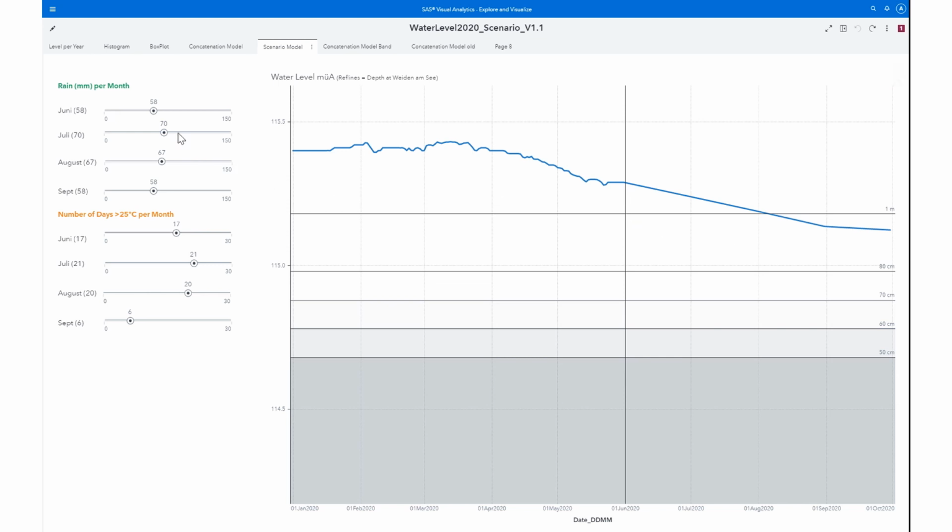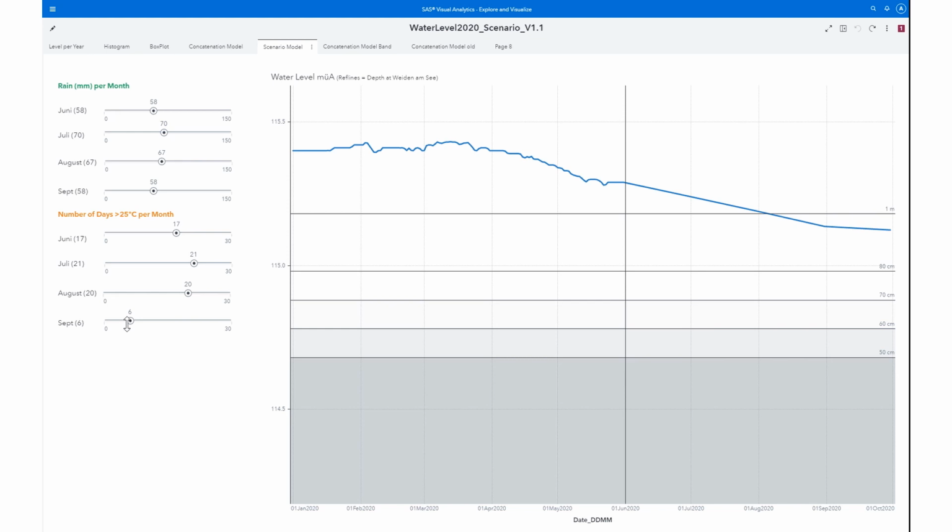So we see, based on a certain scenario, which I set based on the parameters that we had over the last years: the average rain amount in June, July, August and September, and the average number of days above 25 degrees in June, July, August and September. These are the settings which result in the following scenario.